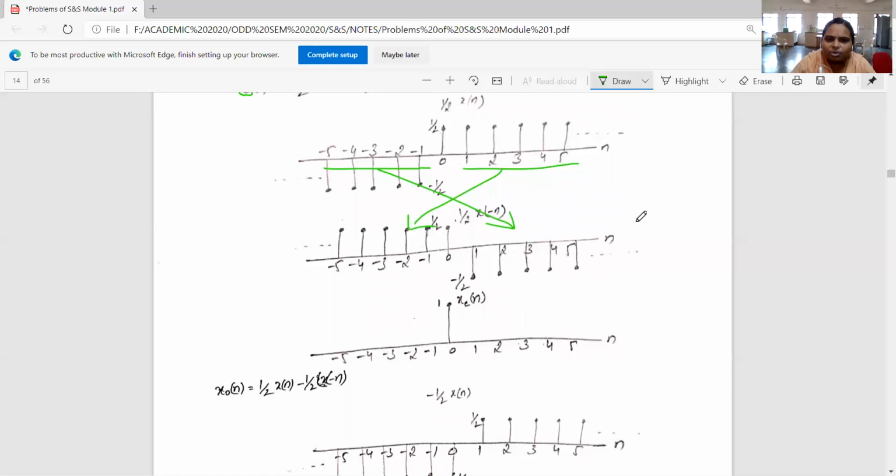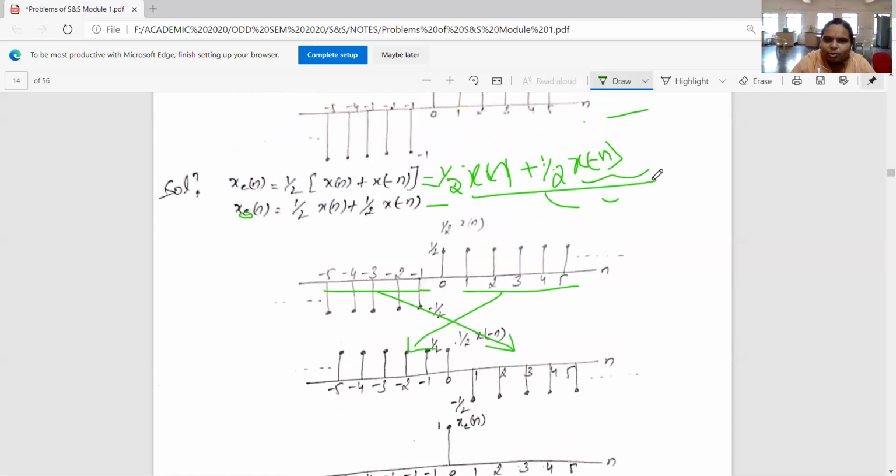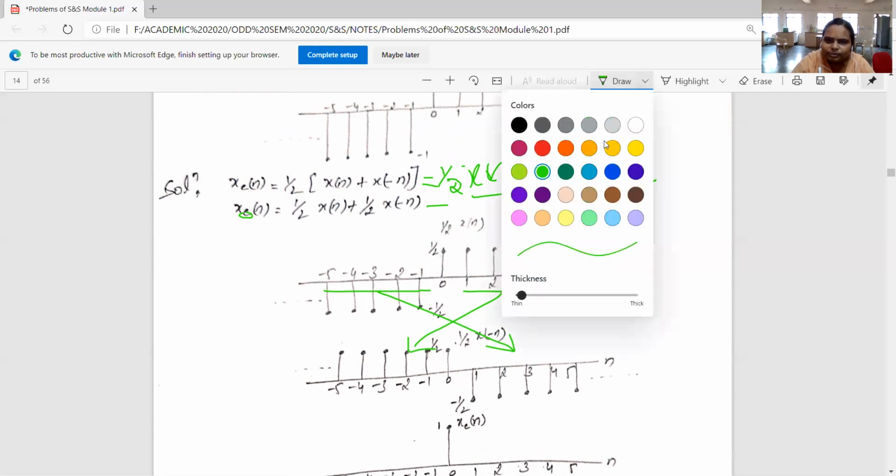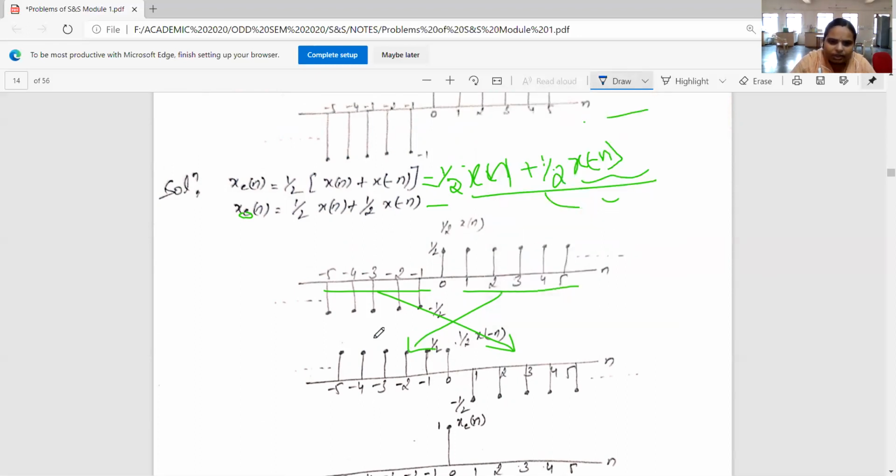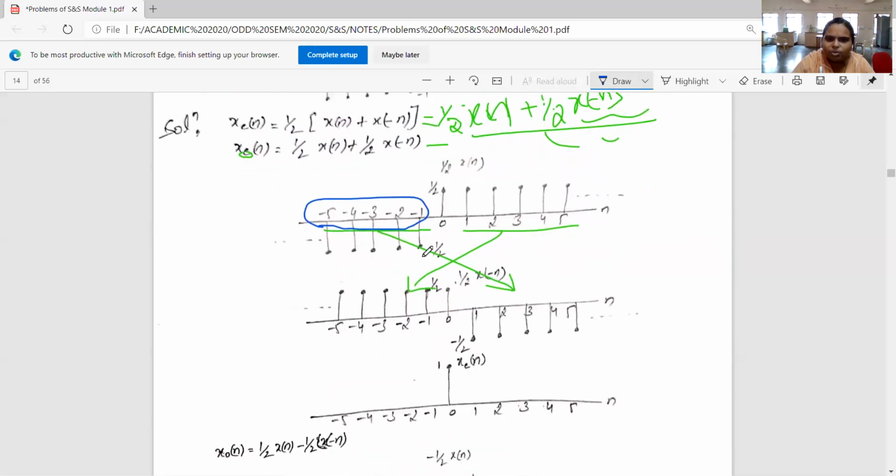Then we have to add both the signals. When I add both the signals, from -5 to -1, here we have negative values of -1 by 2, and from 1 to 5, here we have positive values.